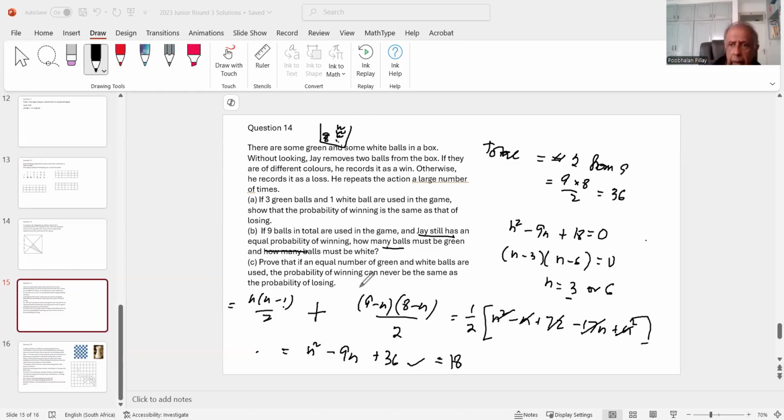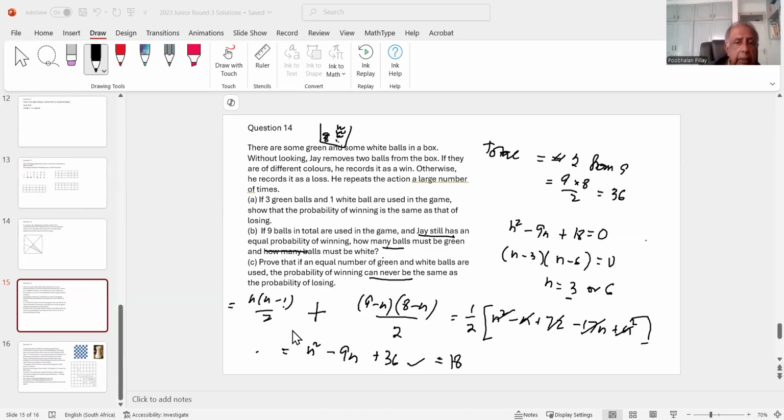Okay, now that's the B part, and the C part I'm not going to do because this is taking too long. But try to do the C part on your own, and you will see that there is no solution. This is which can never be the same as a probability of losing.